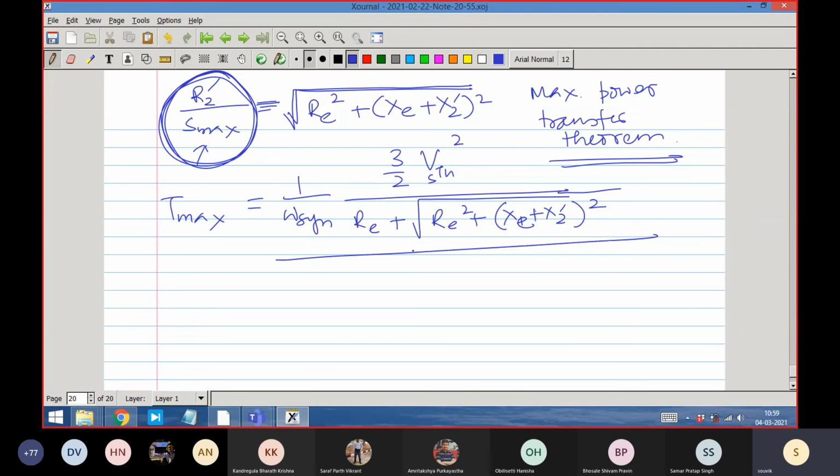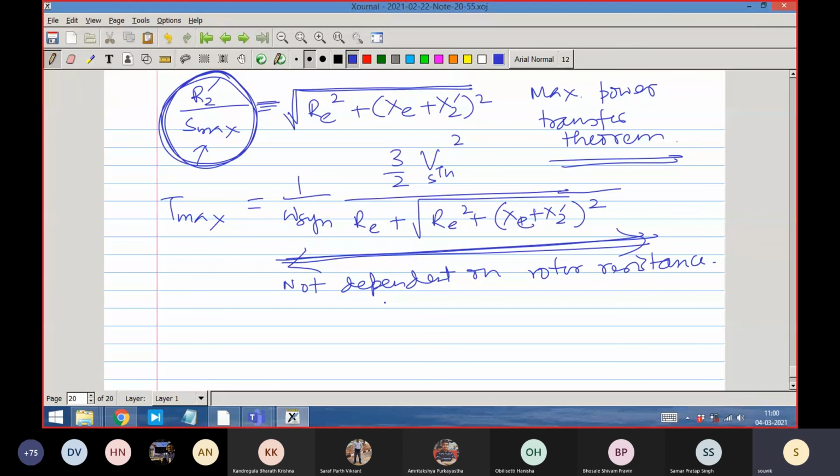This is the maximum. You see that in this expression, the rotor resistance is not there; it is not dependent on the rotor resistance. In the next class, I will talk a little bit about a few more things about this torque.